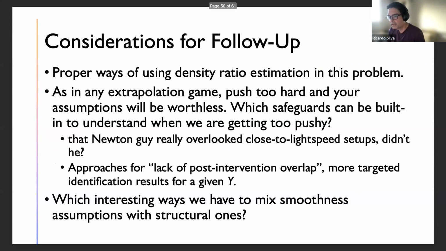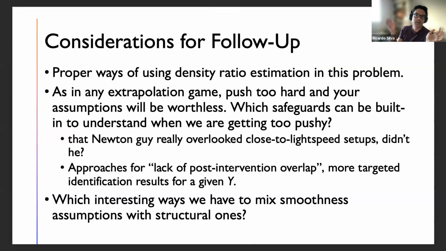To conclude, I'm still not very satisfied that the density ratio estimation applied here didn't quite work well. I used the likelihood, but I think there's something to be said for exploiting better ways of applying density ratio estimation to this problem. And of course, everything is predicated on what we call a fantasy, right?